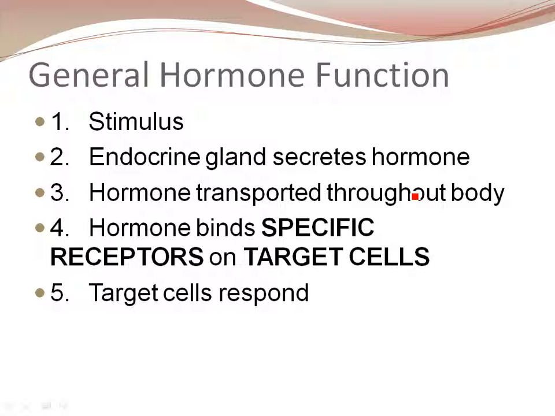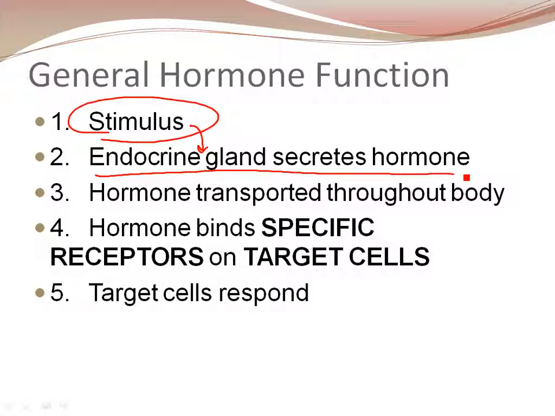So hormones are produced in response to some type of stimulus. For example, insulin is produced by your pancreas when your blood glucose levels go up to higher levels. That's the stimulus or the trigger that causes that hormone to be produced. So the stimulus causes the endocrine gland to secrete the hormone.